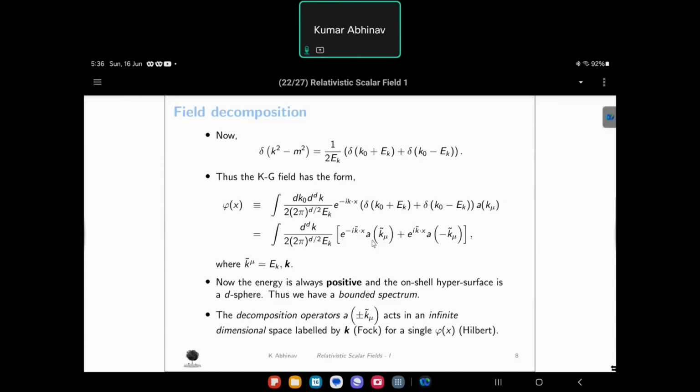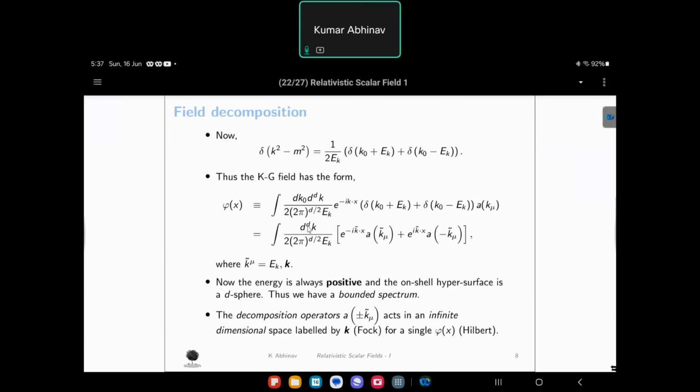So these operators like a, which depend on k tilde and minus k tilde, now act on a space which is infinite dimensional. Why infinite dimensional?